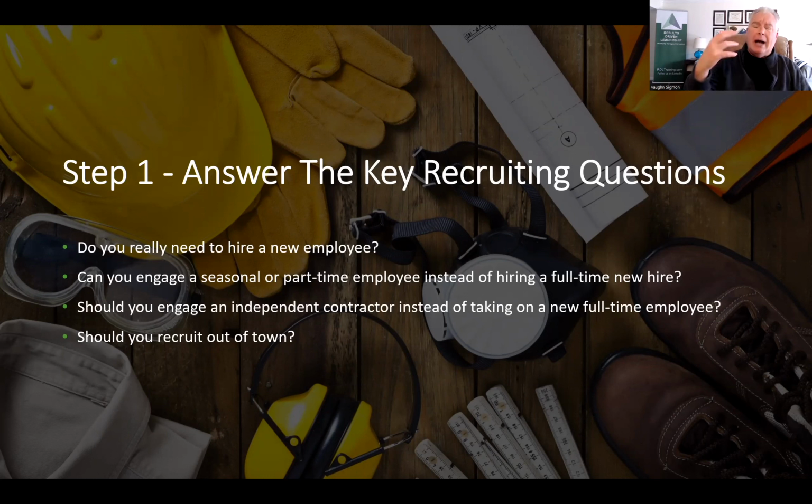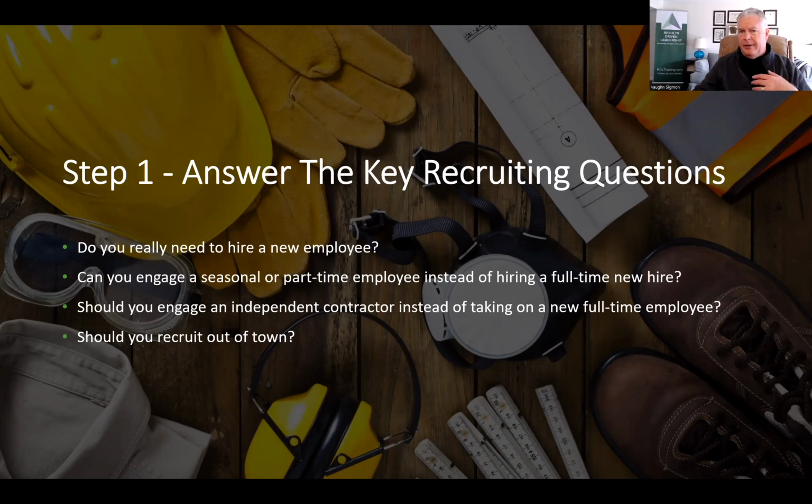I'm just opening you up to ideas and thoughts: if you don't need to hire a brand new full-time person, there may be some other ways to replace or fill a gap. That's just an idea, but I find that many employers, many managers don't consider this before they go out seeking to replace or to add a new person to their team.